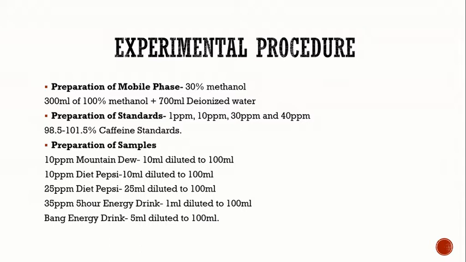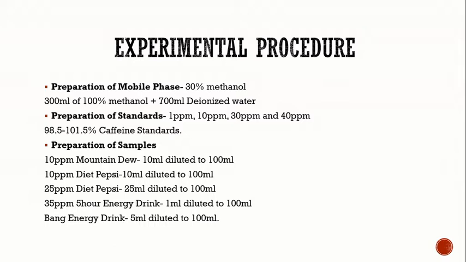And for the 35 ppm of 5-hour energy drink, we diluted just 1 milliliter of the energy drink with 100 milliliters of distilled water to make the 35 ppm because it's very high in caffeine content.